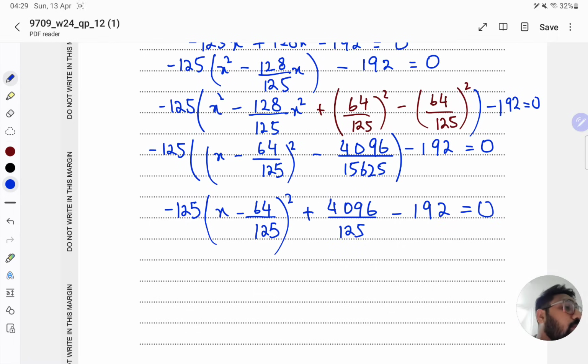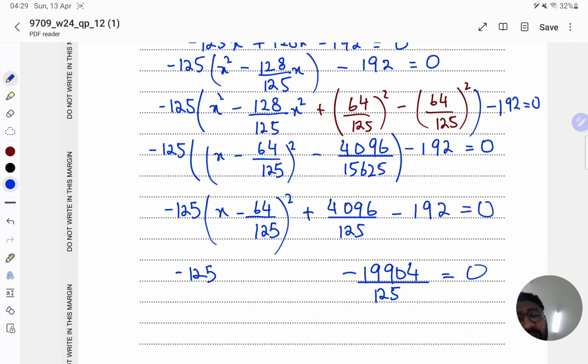So minus 192 from this, it will give us minus 199.04 divided by 125 and minus 125 x minus 64 over 125 whole square.